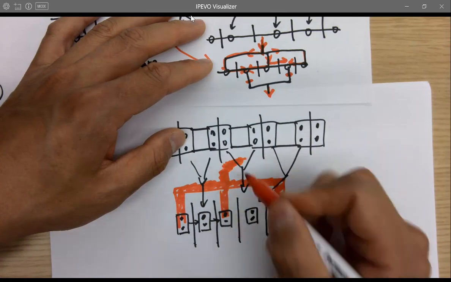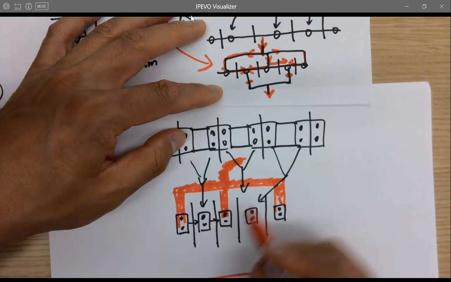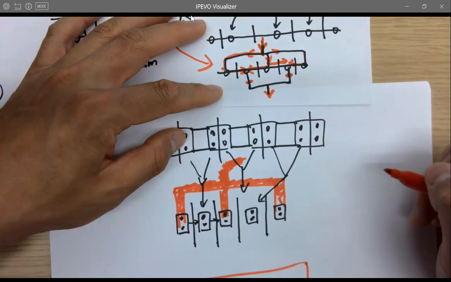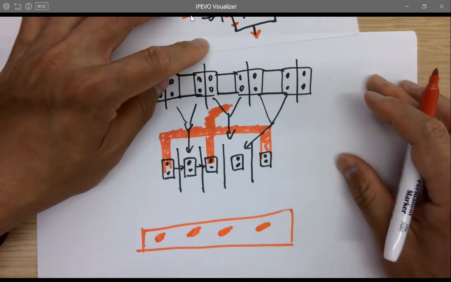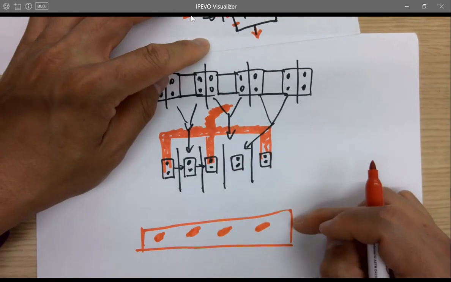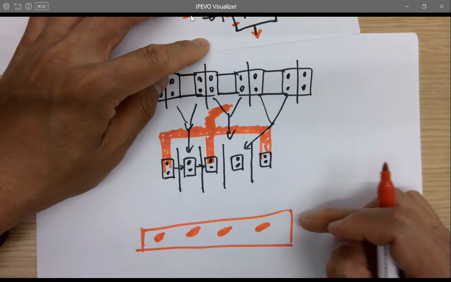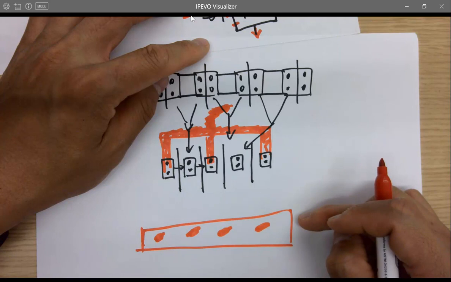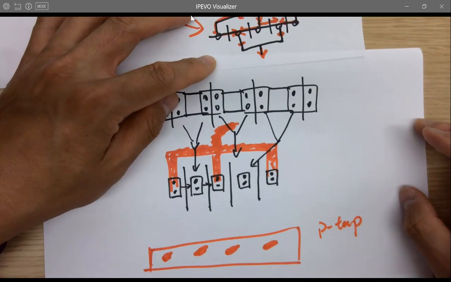This is NMOS, so you have a ground bottom rail instead of the top rail. So this connects to whatever the signal is on the top. For NMOS at the bottom, is the well contact N type or P type? P type. And it's grounded, right?